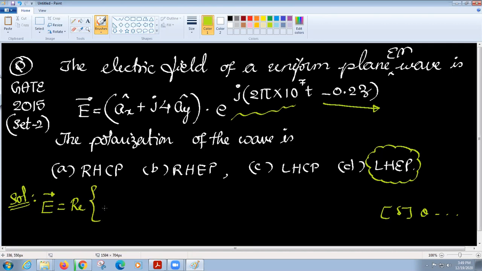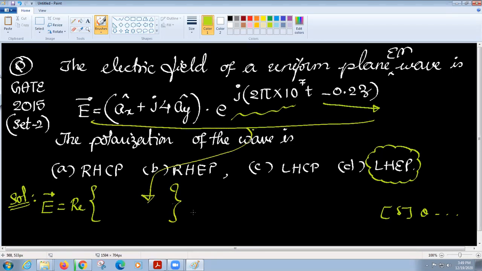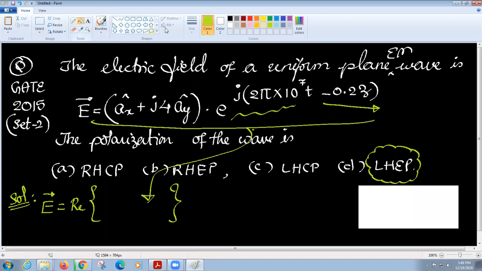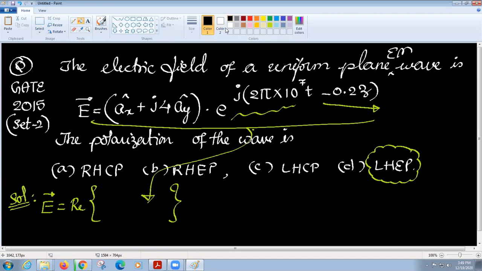Just take the real part of this stuff. If I take the real part, let me put it down here. Let me use black.